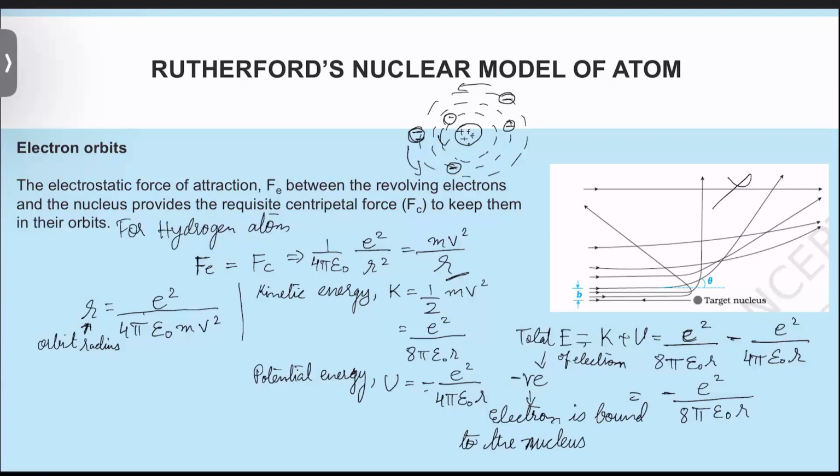If the total energy was positive, this would imply that the electron does not have a closed orbit around the nucleus. Since it is negative, this validates Rutherford's nuclear model, where the electrons revolve around the centrally positive nucleus in stable orbits. So this is another validation of the nuclear model given by Rutherford.